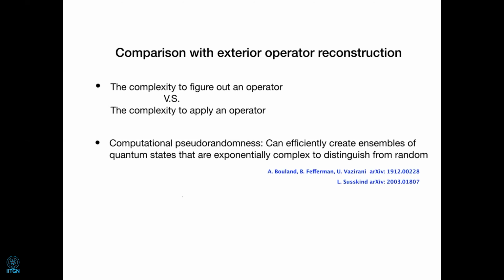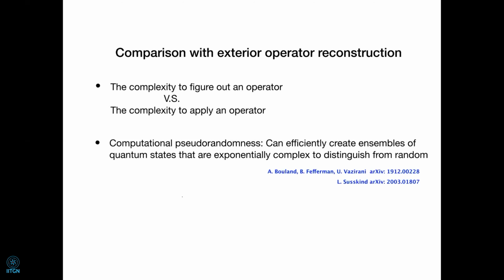There was some recent work on computational pseudo-randomness. What it says is that one can efficiently create ensembles of quantum states that are exponentially complex to distinguish from random. So what this tells us is that, first, these ensembles of quantum states can be easily constructed.